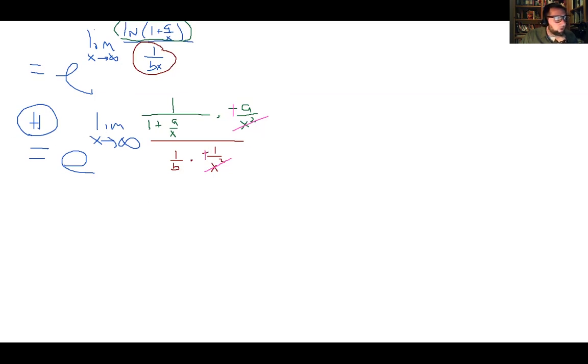And so we are left with e to the limit as x goes to infinity of ab over 1 plus a over x, which is a funny way of writing it. What happens as x goes to infinity to this denominator? It just turns into ab. Yeah. So we're left with just e to the ab.